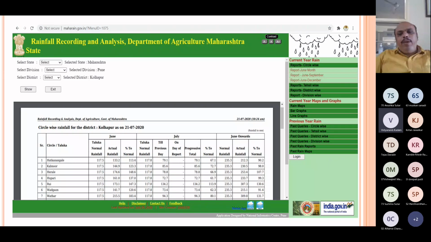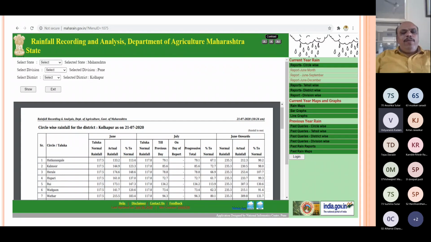It is also available on mahaagri.government.com.in. Both are government sites where you can get the information of rainfall of a particular date. Also, we get information of rainfall in all parts of Maharashtra.